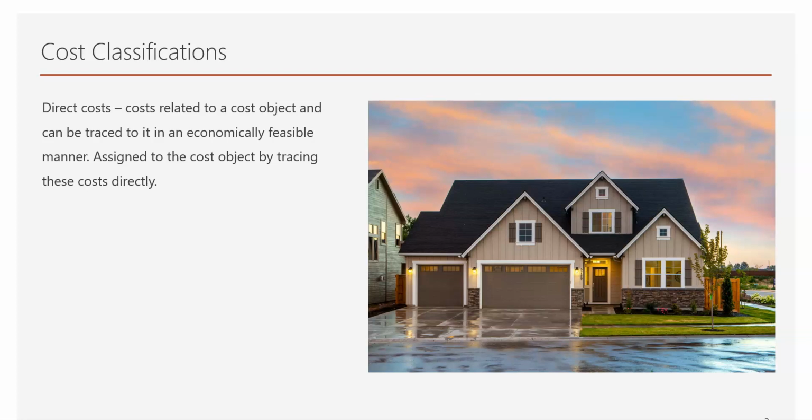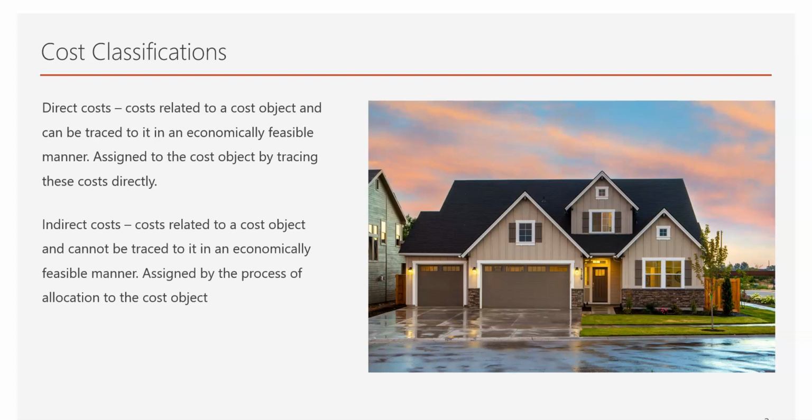Looking at the house here, what are some costs that we can easily trace to the house? One thing would be doors, because you will have 2 doors, maybe 3 doors, front door, back door. Those are costs that we can easily trace to the house. What about windows? We can count the windows and easily trace the number of windows we have on the house.